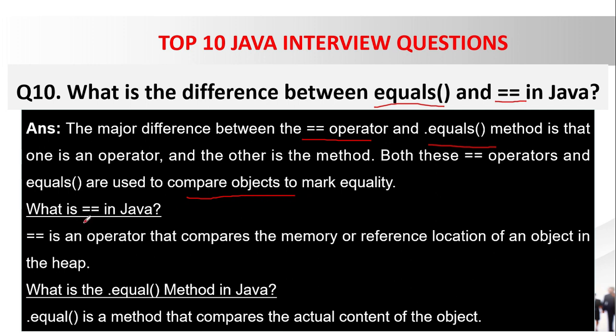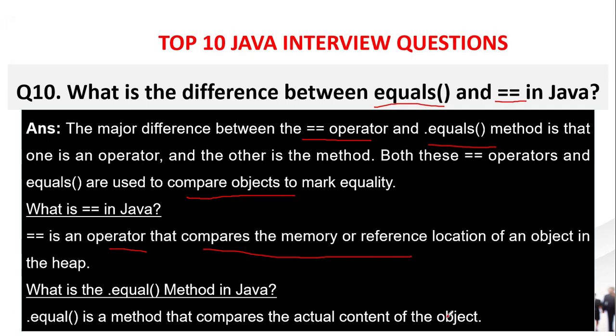So let's see what double equal to is. It is an operator and it compares the references, or the memory location, of an object in the heap. If you have the same memory location, then it is going to return a true value. And the equals method in Java compares the actual content of the object.